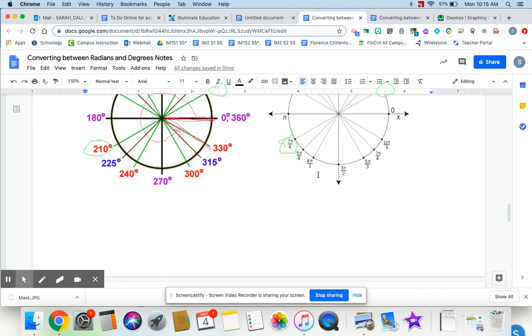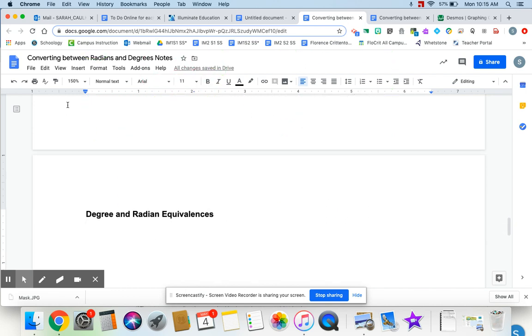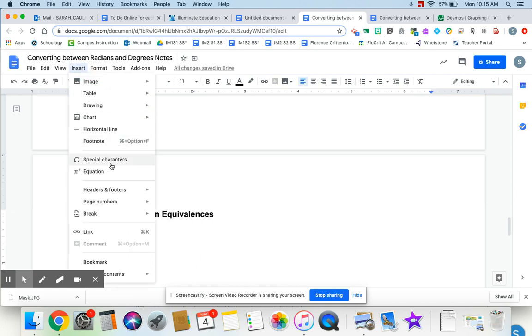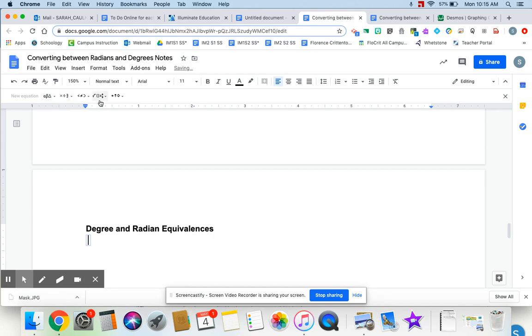0 degrees is 0 radians, right? So 0 degrees is 0 pi.